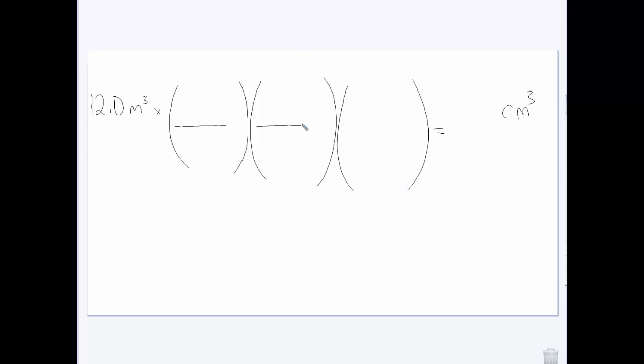Look at it another way here. We can take 12 cubic meters, and I'm going to convert to cubic centimeters. I am going to convert all three dimensions, let's say, separately right now. So I'll set up three conversion factors that will take me from 1 meter to 100 centimeters, meters to centimeters, and meters to centimeters.